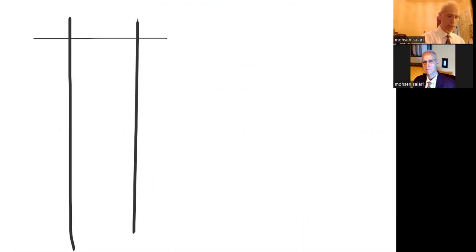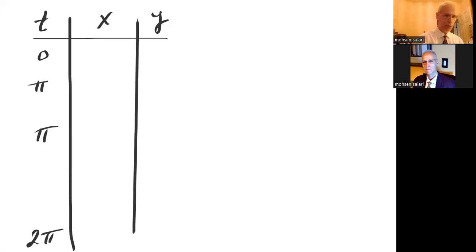Okay, so t, x, and y. Since we are between 0 and 2 pi, let's go from 0 to 2 pi. Averaging those, I get pi. Averaging these two values, I get pi over 2 and 3 pi over 2.